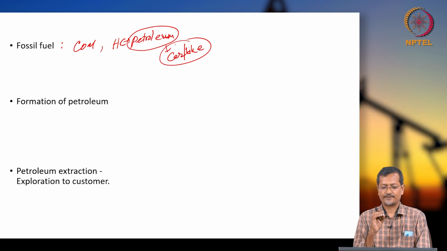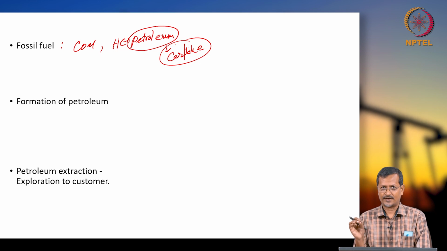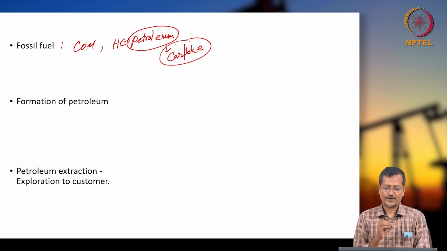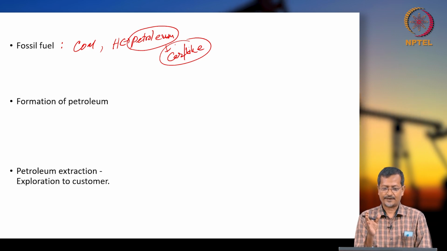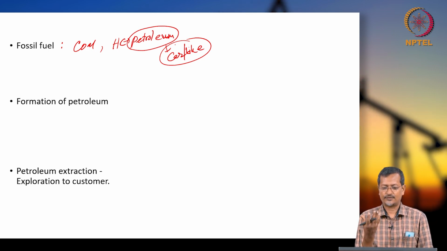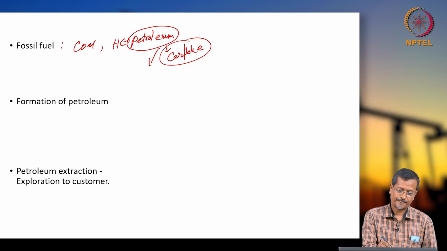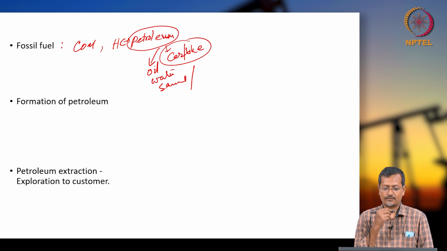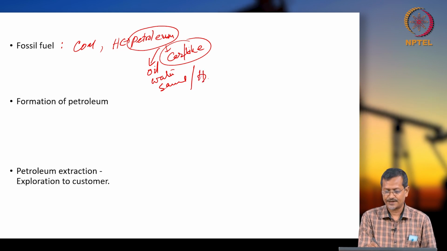Before filling into the car, there will be several processes. You have to drill the Earth's surface. Then you have to separate, because whenever you drill, you get oil, water, sand, and some other things such as H2S, hydrogen sulfide.